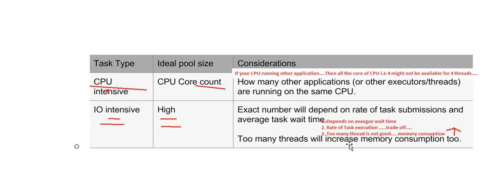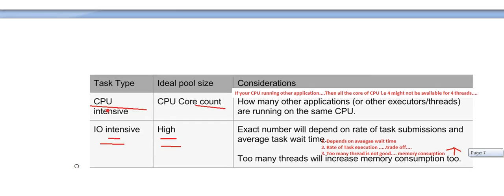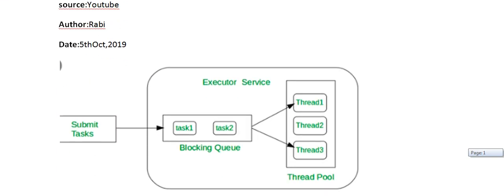Too many threads is not good, so we have to balance it. It's not like 1 lakh or 1 crore threads, the system will hang. So accordingly you have to decide how many threads you need to create. So this is the overall picture for the executor service, which uses the blocking queue. Thank you very much.